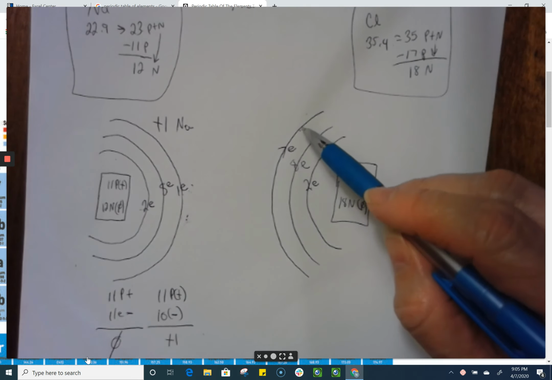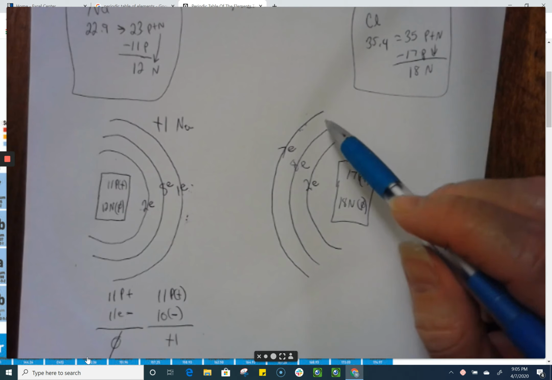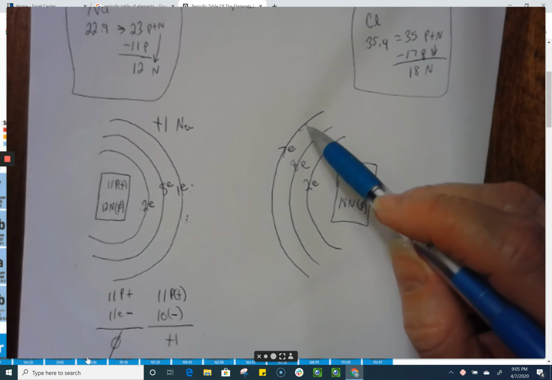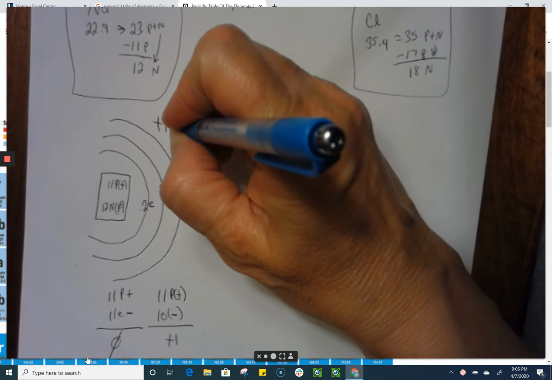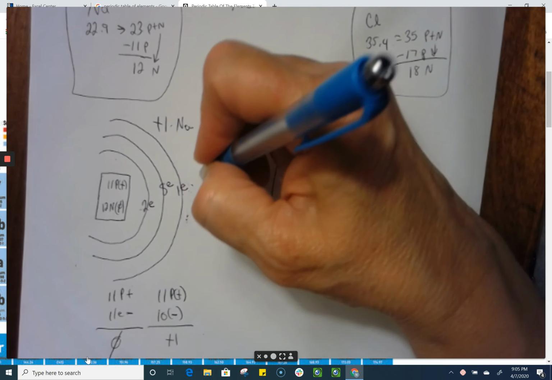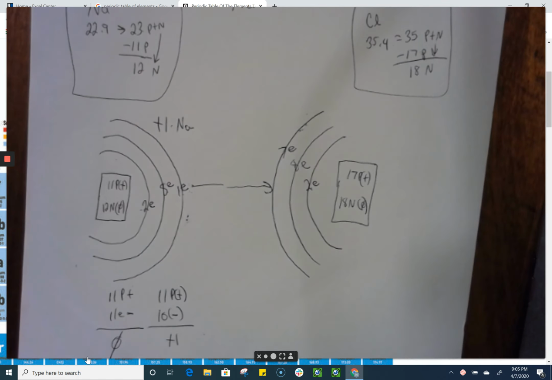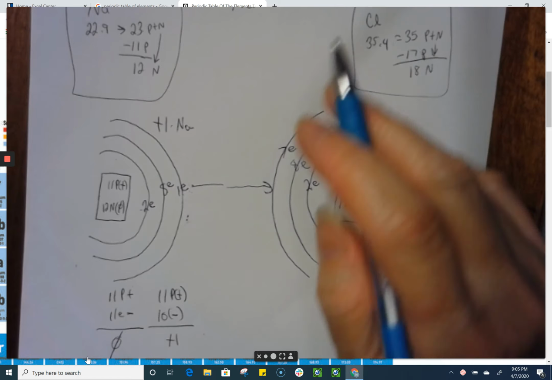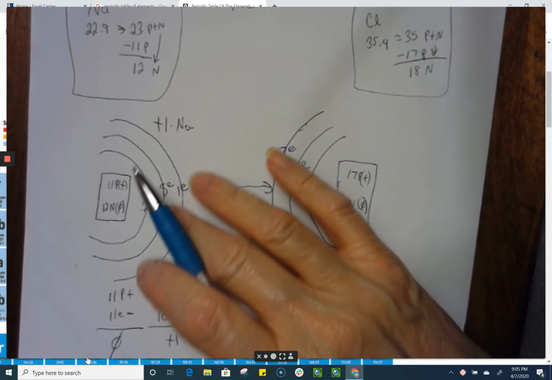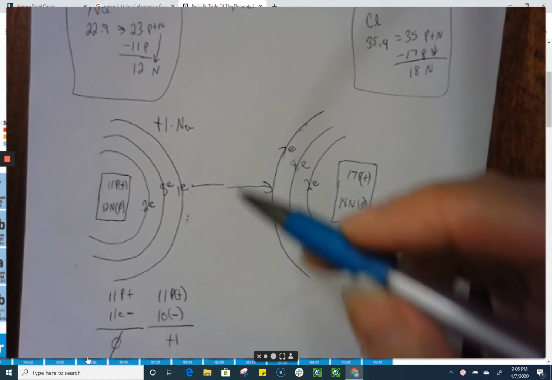So the third energy level can hold 18 electrons, but since we're dealing with sodium and it's only willing to give away 1, we're not going to be able to attain the 18. However, if this 1 electron moves over here and the sodium is willing to let it go, because when it lets it go, it becomes more stable, having 8 electrons in its outer energy level.